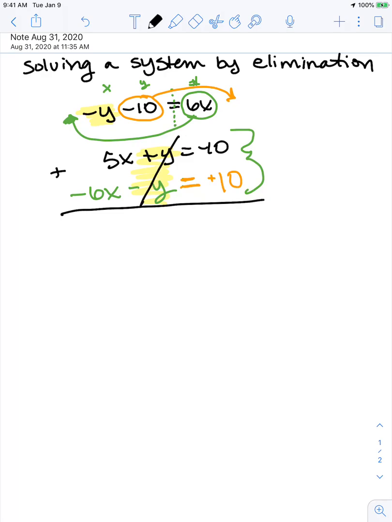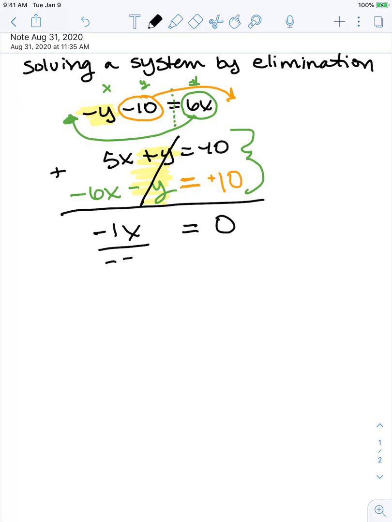So these ones are going to eliminate because a positive y and a negative y is no y. So I go 5x minus 6x, that's going to be negative 1x. And this is going to be negative 10 plus positive 10 is 0.